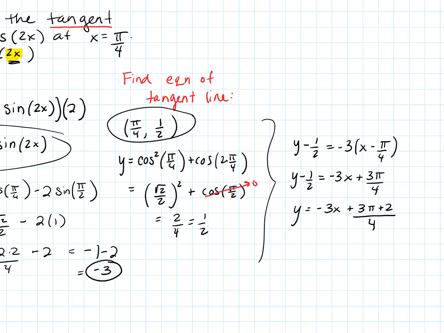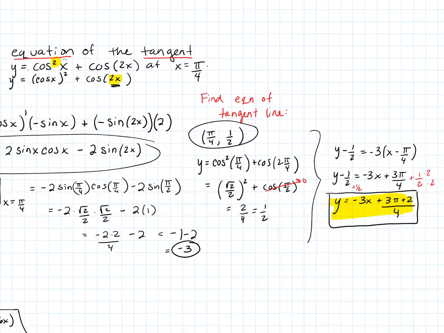I found a common denominator by making the 1/2 into 2 over 4 so that I could add it. And here is my final answer. We do want to write our answers like this and leave them in their exact form. Let's not go to an approximation.